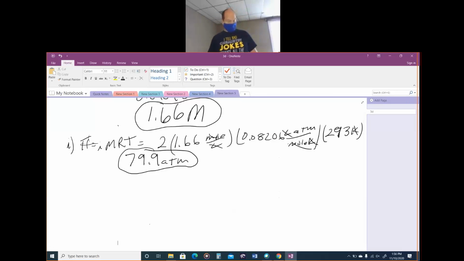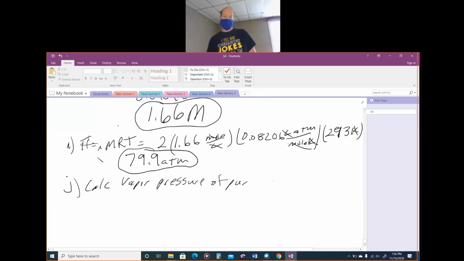All right, calculate the vapor pressure of pure water at 20 degrees Celsius. So this one you have to know the normal boiling point.